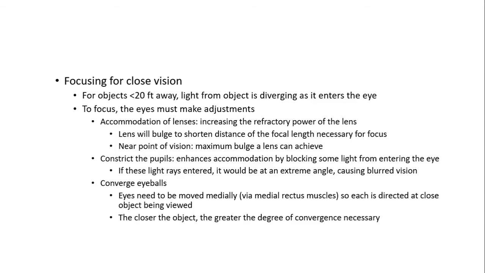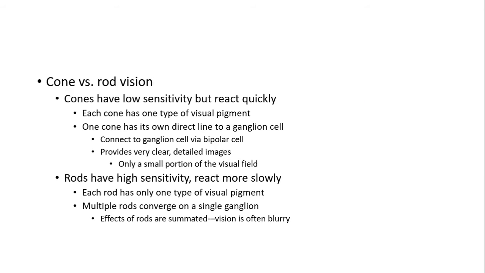For that reason, they only obtain a small portion of that visual field, because they're so concentrated on just that one little area. Whether you have the macula lutea, where it's mostly cones and very few rods, and then the fovea centralis, where it's only cones.